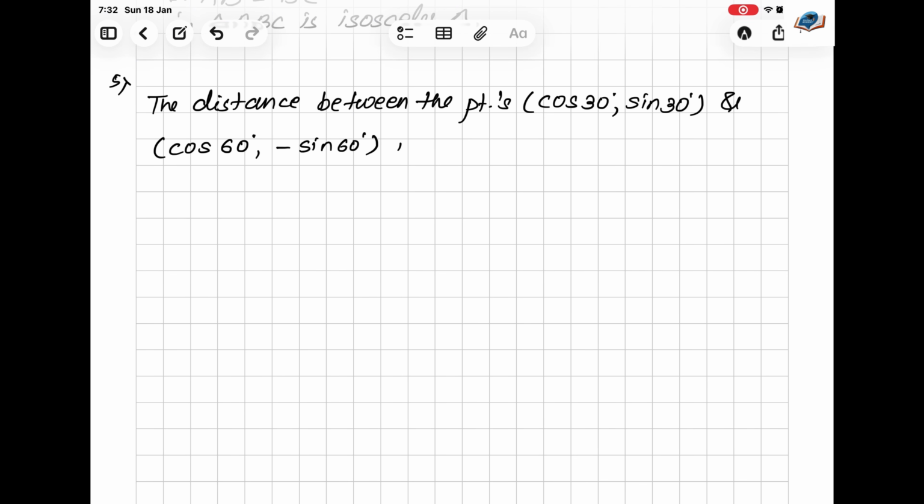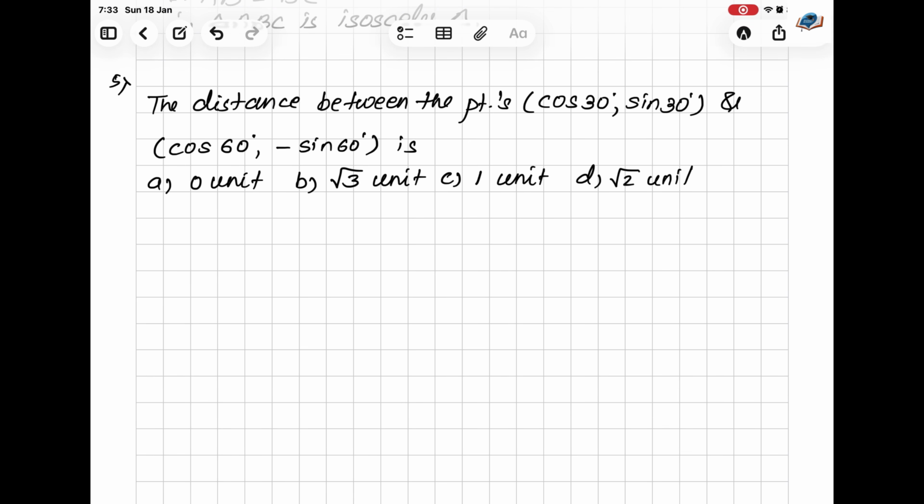Option A is given 0 unit, B option is given root 3 unit, C option is given 1 unit, and D option is given root 2 unit.